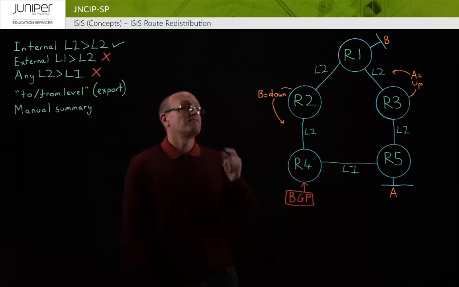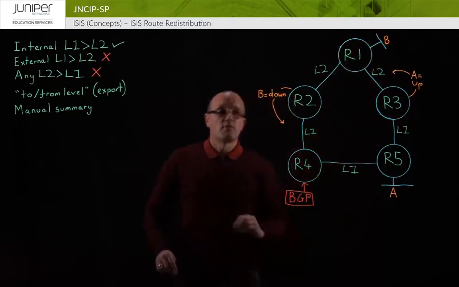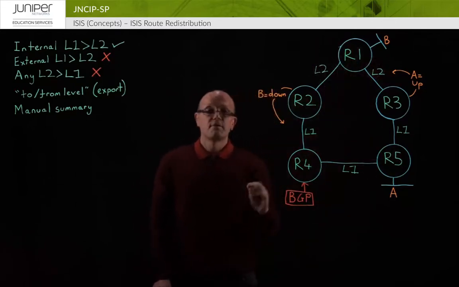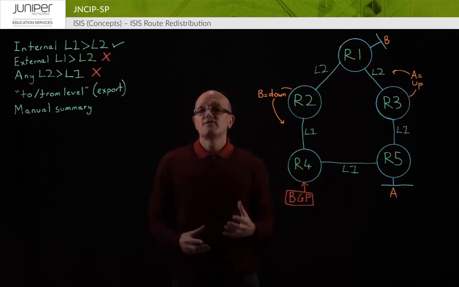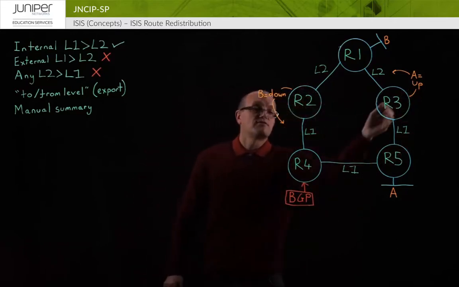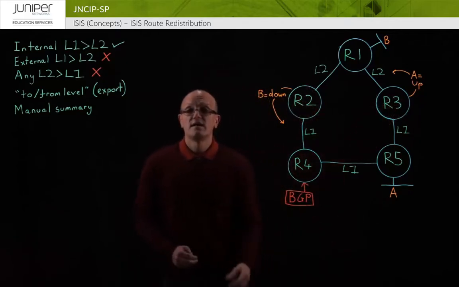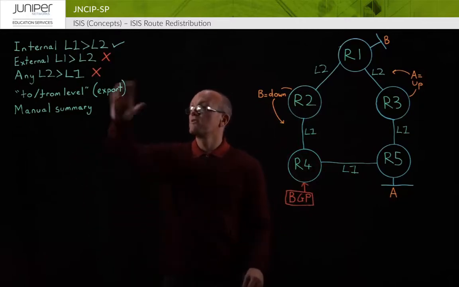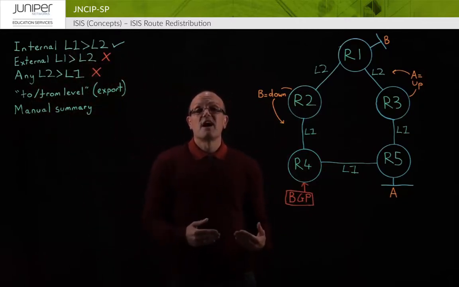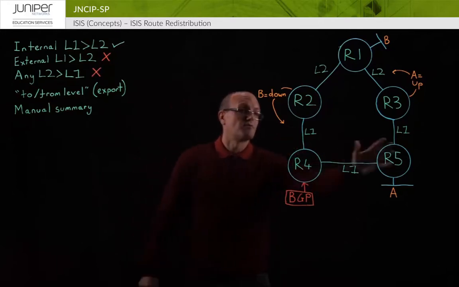So say that we have this network B on R1, and we want to redistribute it from level 2 into level 1. So this route arrives on R2 and R3 in level 2 link state PDUs. So R2 and R3 are level 1, level 2 routers with some form of policy applied that's identifying this route and allowing its advertisement into level 1.